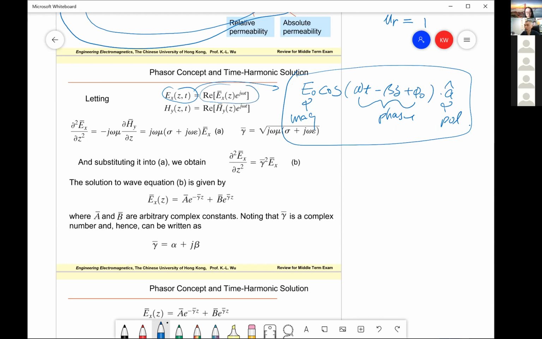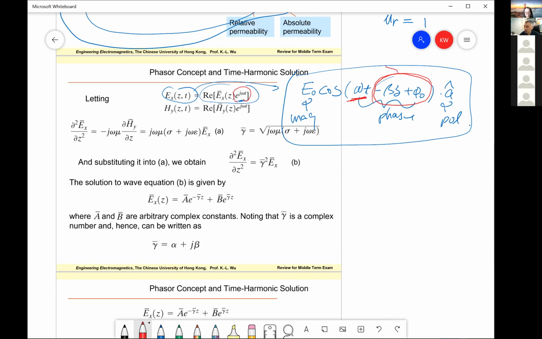Because if you multiply e^{jωt} and take the real part, which is this, okay? However, this is not enough. In order to write this, we have to reflect this part, because e^{jωt} only reflects to here. We have another part, right?